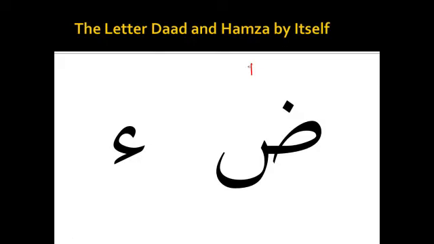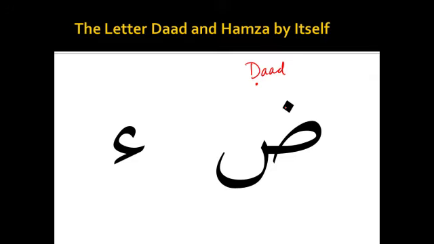So here we have the Daad. I'm going to write a dot underneath the D here to indicate that this letter is not a D sound. In fact, there is no letter in English that corresponds directly to the Daad. However, we can describe that sound for you.